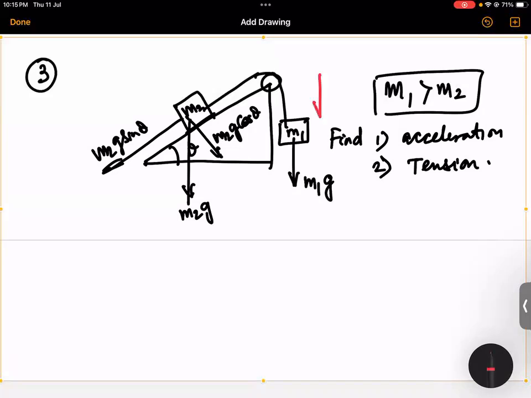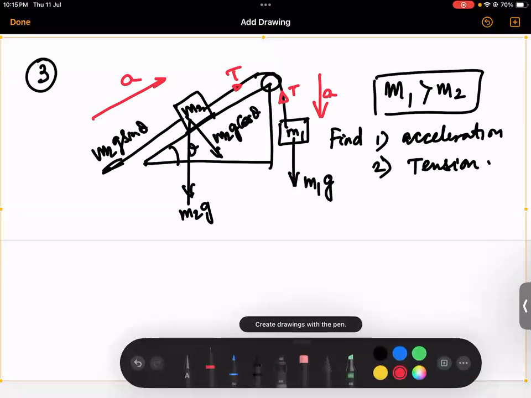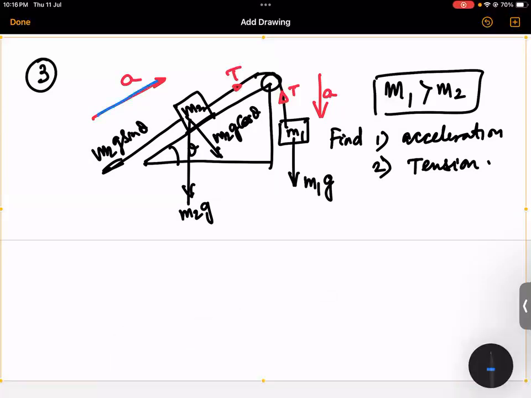This will be going down and this will be going up. And these are the tensions. Now gradually we'll put the ma and get the equations. Very, very easy. This is going upward, so ma will be downward. So this will be your M2a. Now this is going downward and this will be going upward, M1a.